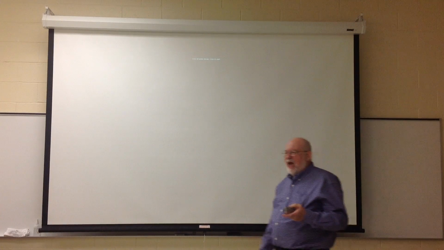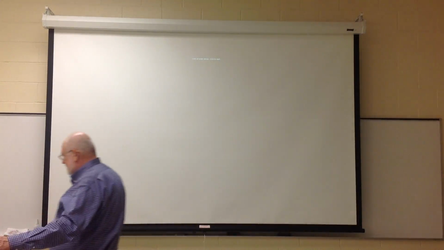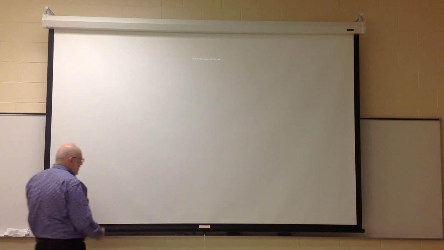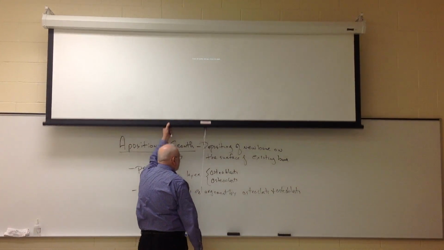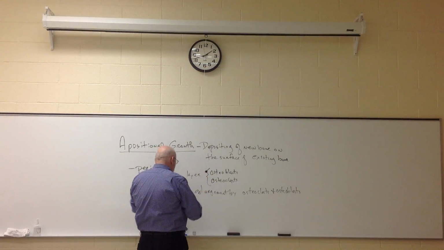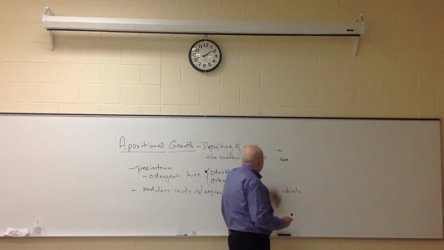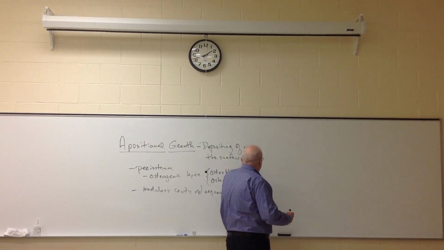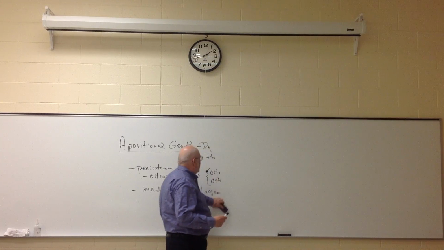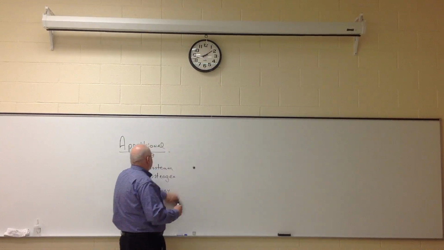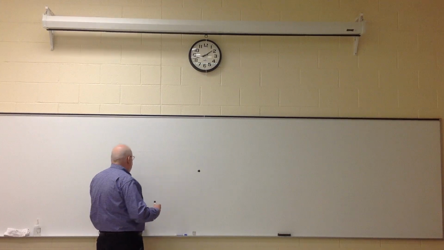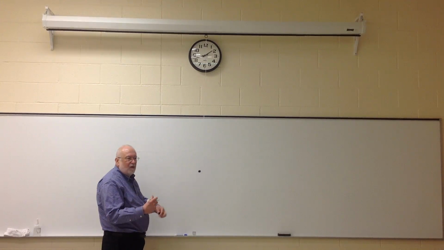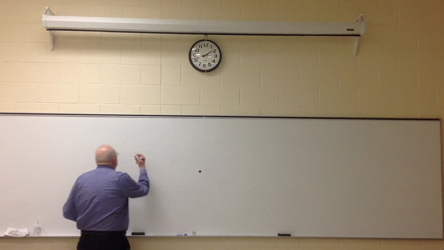Now, how do we heal these things? How do you go about healing fractured bone? Well, the usual cast of characters are going to play a big role in this process. First of all, one of the things that we need to have is that covering on the bone. What's that thing called?